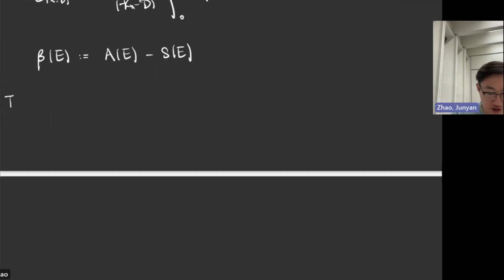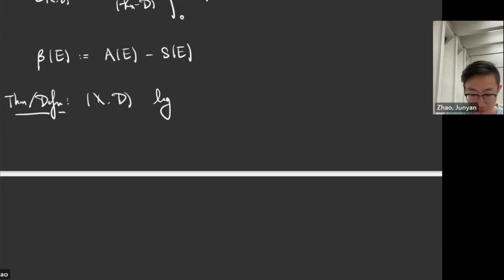So this is a theorem or definition. The log Fano pair (X, D). Here log Fano means that you have KLT singularities and minus K minus D is an ample Q-divisor.